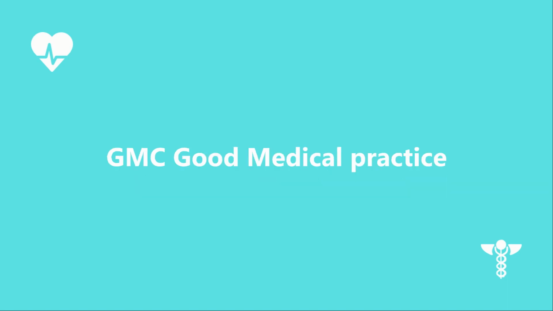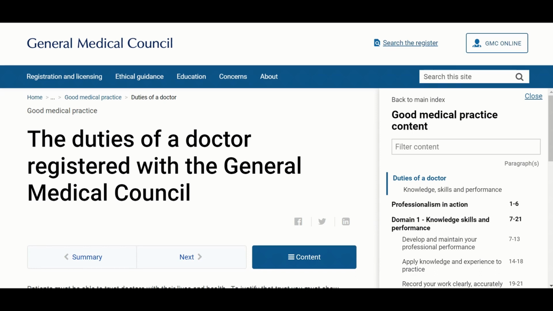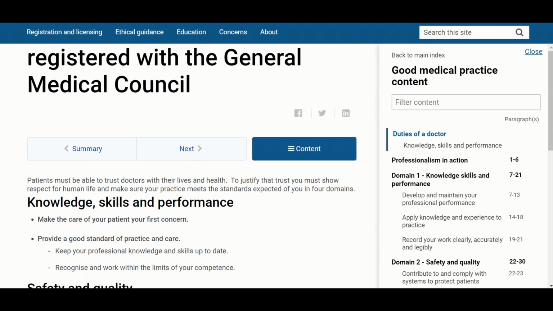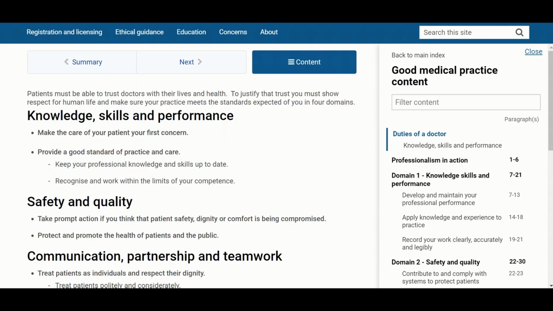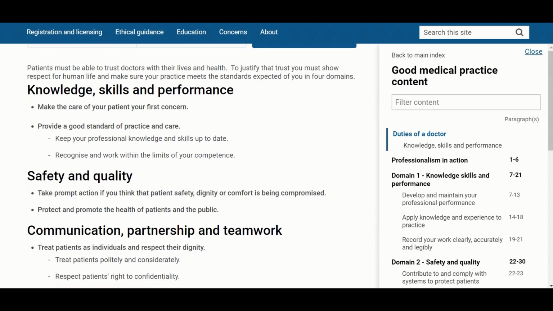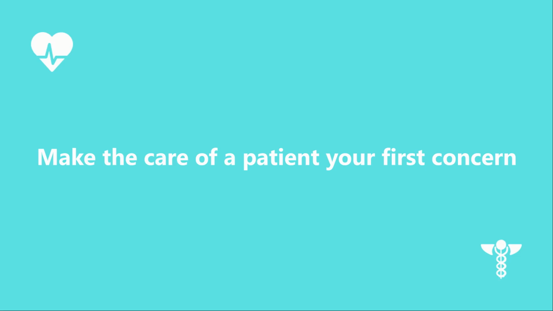GMC Good Medical Practice highlights that patients must be able to trust doctors with their lives and health. To justify that trust, you must show respect for human life. In medical ethics stations, you need to demonstrate that you abide by the professional codes of the GMC. Make sure you read Good Medical Practice. Here are some salient points. Make the care of a patient your first concern.